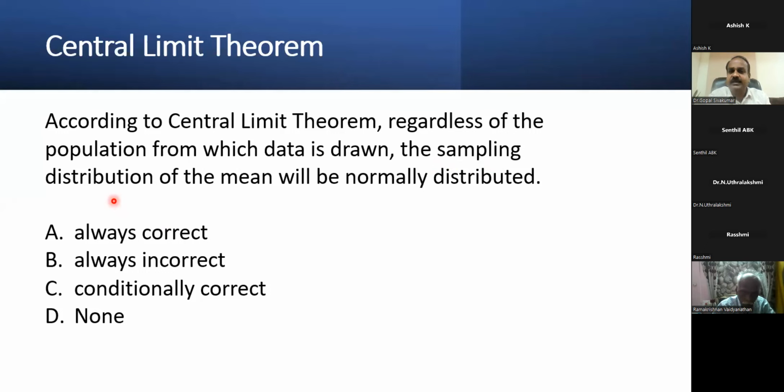Instead of taking 3, you can take 5 or 6. Maximum people go is 25, not more than that. That's point number 1.